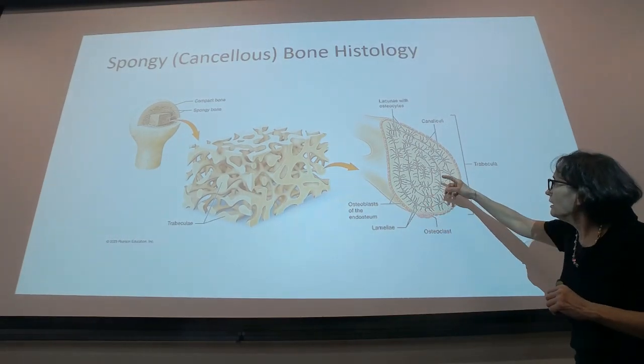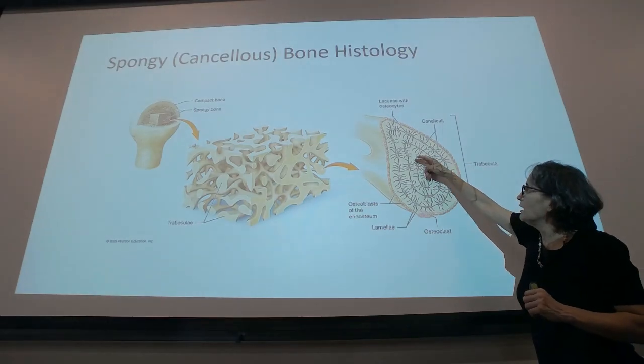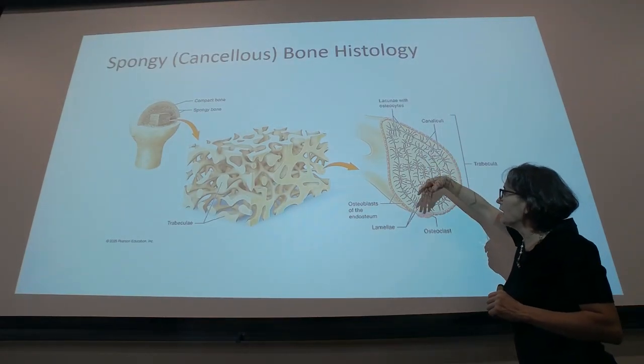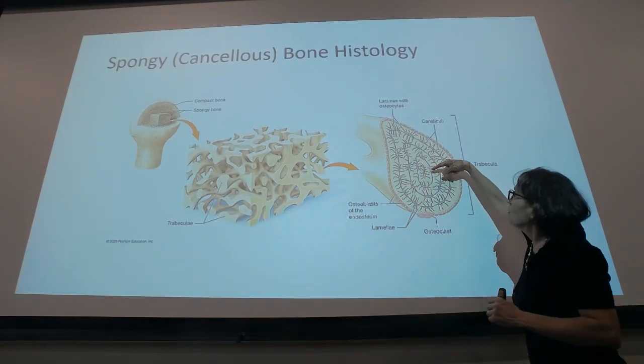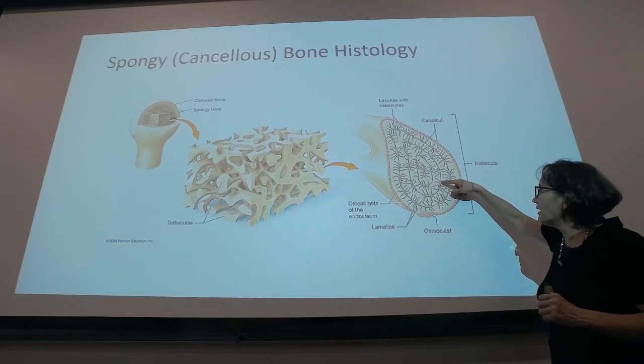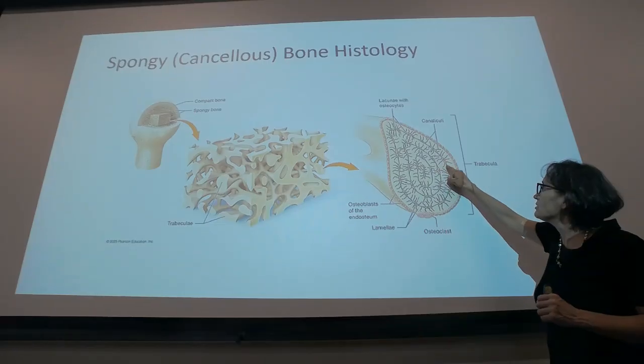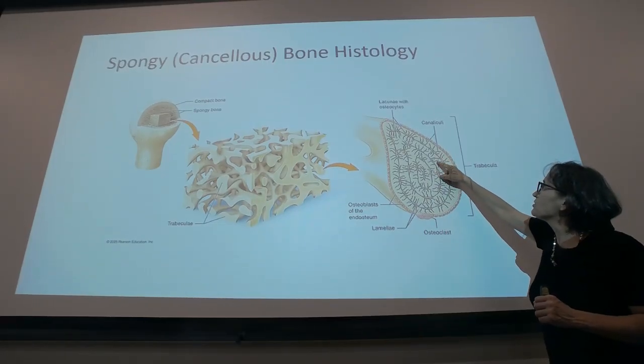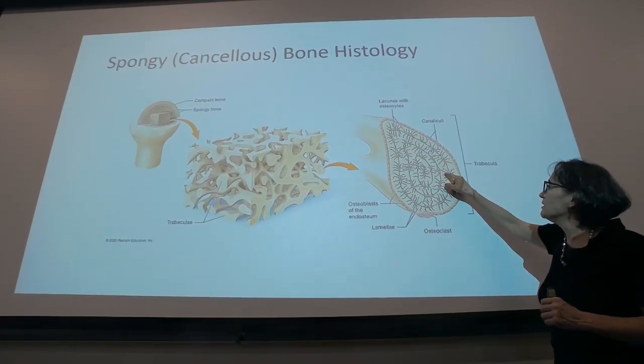And these trabeculae, if you make a section and you see it, you have these cells found in the lacunae, the osteocytes, with the extensions of the cytoplasm in the canaliculi.